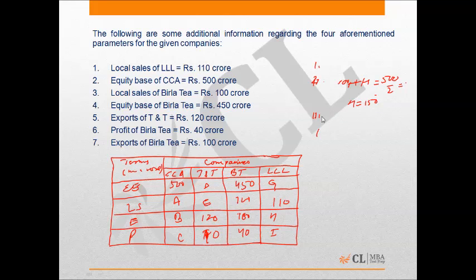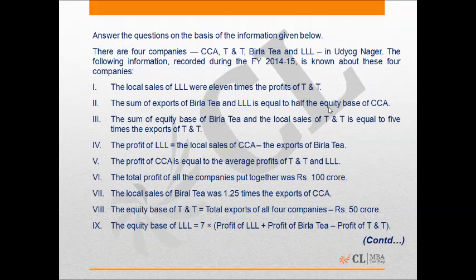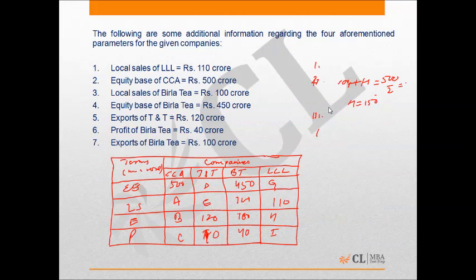Now coming to the third statement, it states the sum of equity base of Birla Tea and local sales of T&T is equal to 5 times the exports of T&T. This means 450 plus E is equal to 5 times 120. From here we get E as 150 crore.